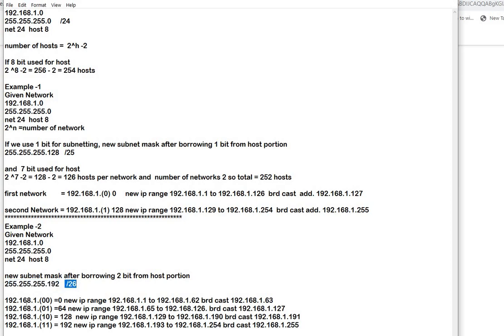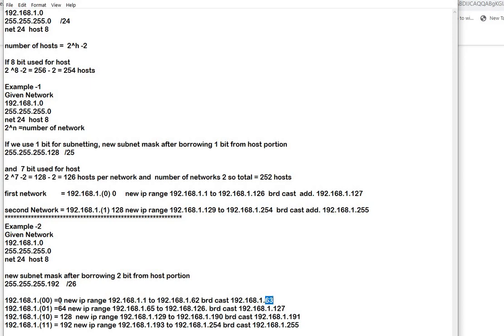For the network, the 2 bits we have taken have a maximum of 4 combinations: 0 0, 0 1, 1 0 and 1 1. 0 0 becomes 0 only, 0 1 is 64, 1 0 is 128 and 1 1 is 192. So in the new network range, the first network ends at .63.